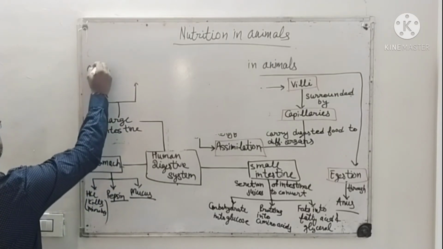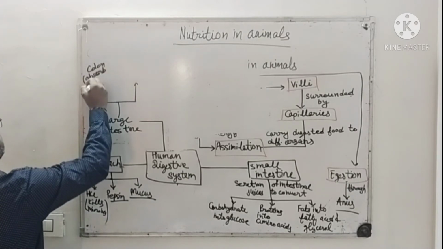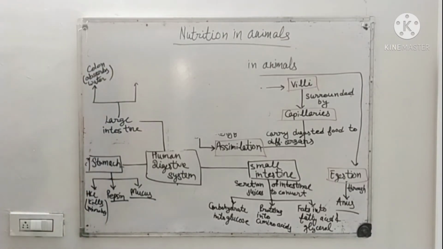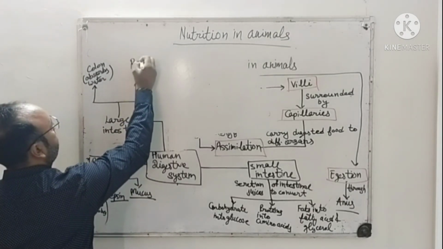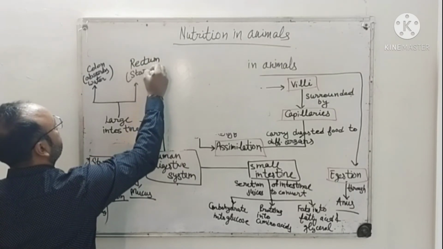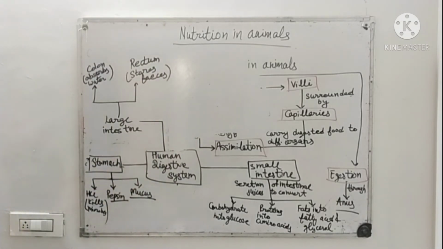One is the colon, which absorbs water, very important. And another is the rectum, which stores feces, the waste.